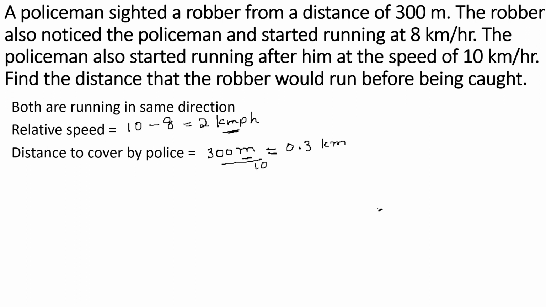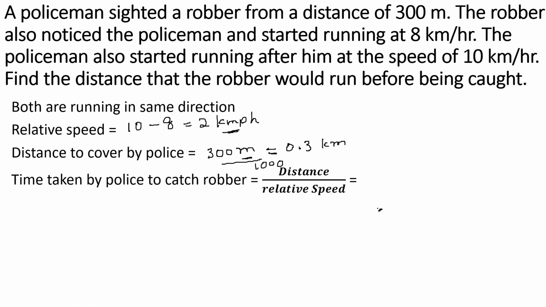Now, the time taken by the policeman to catch the robber is distance divided by relative speed. The distance is 0.3 and the relative speed is 2 km per hour. So 0.3 divided by 2 is 0.15 hour.